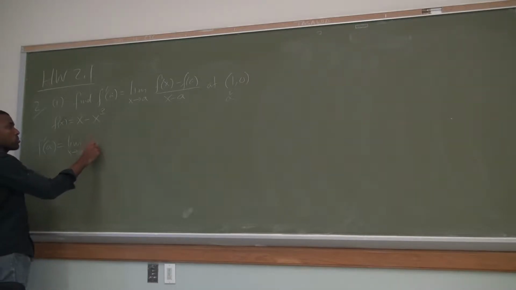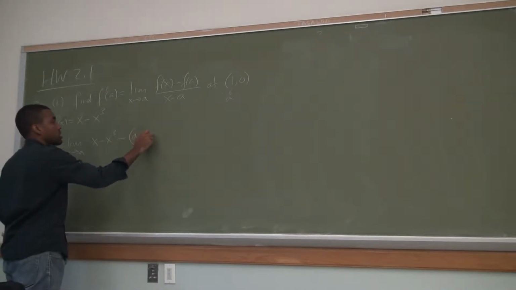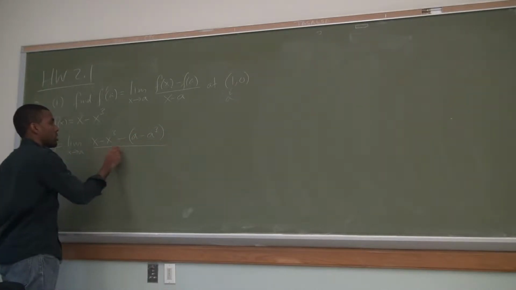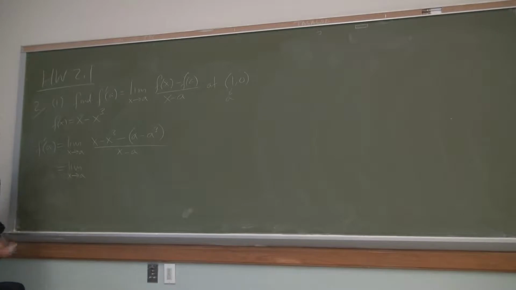It's x minus x cubed minus a minus a cubed, over x minus a. And so now it's just a matter of distributing.